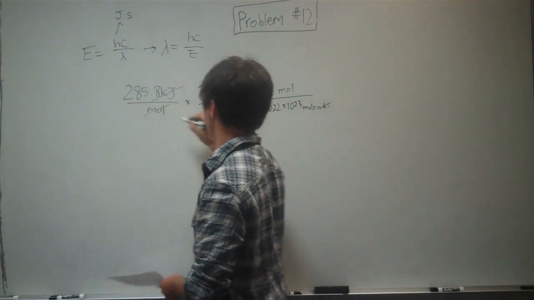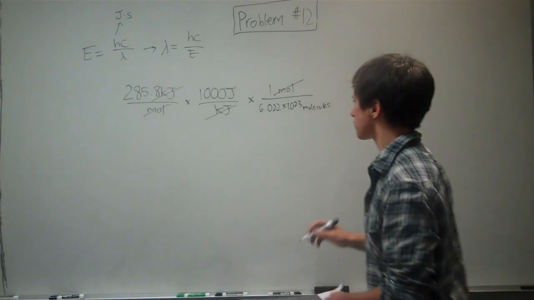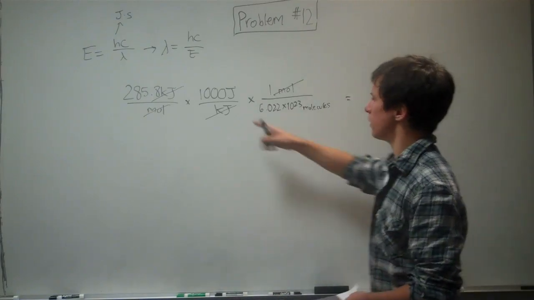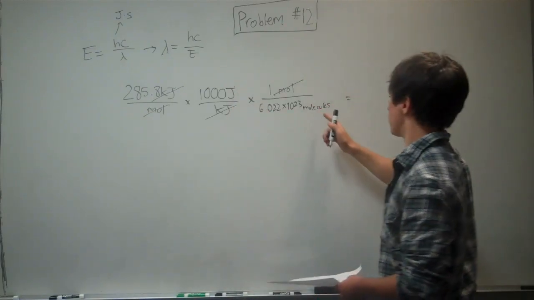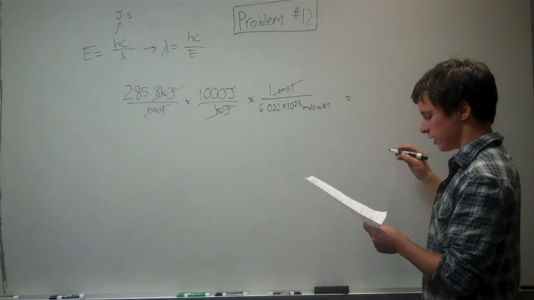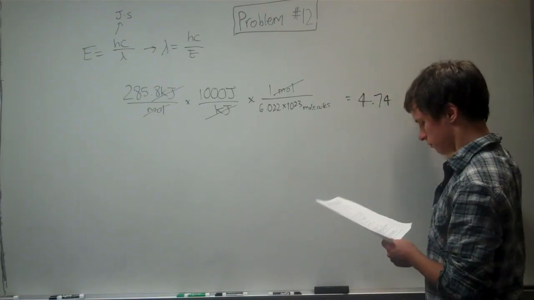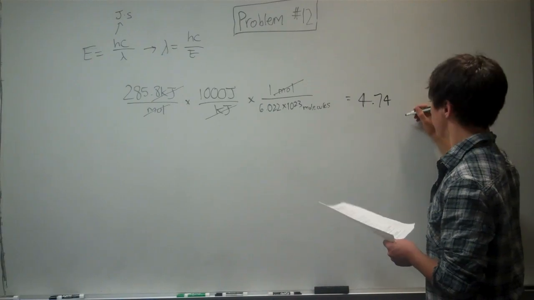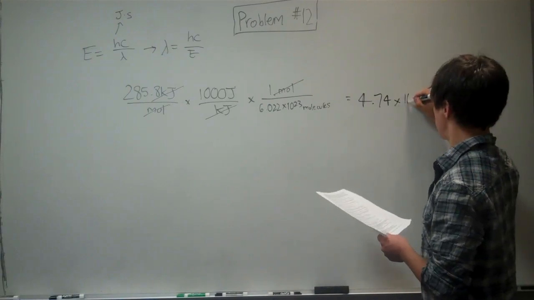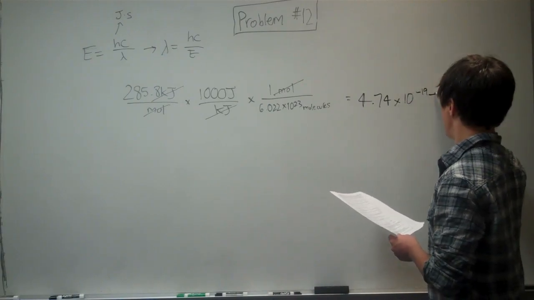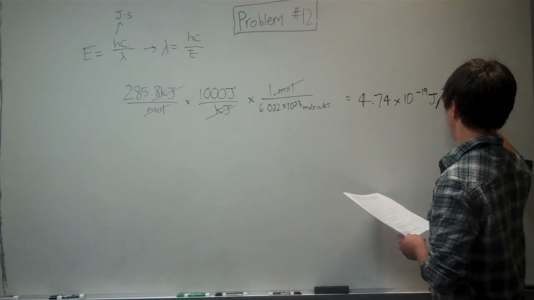Okay, so the moles now cancel out. And you can see you're going to be left with joules per molecule. Okay, so this number actually works out to 4.74 times 10 to the negative 19 joules per molecule.